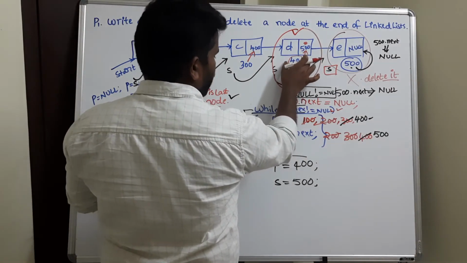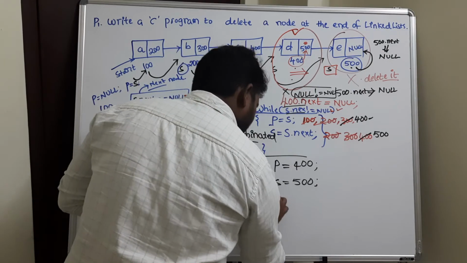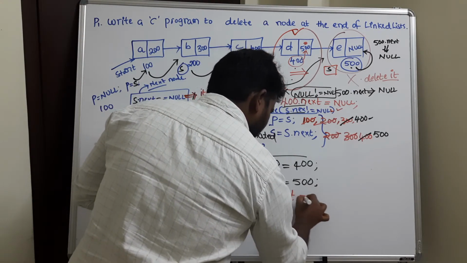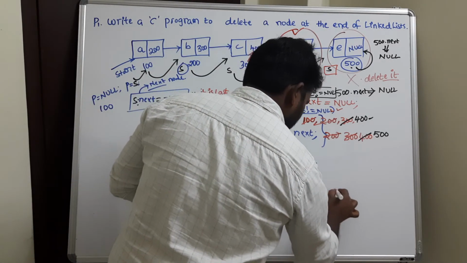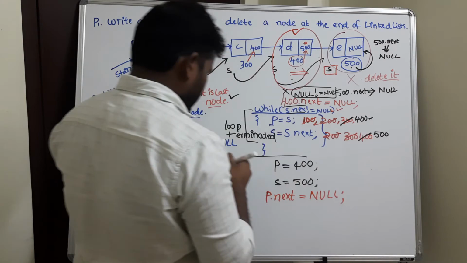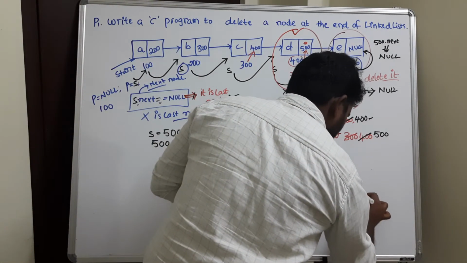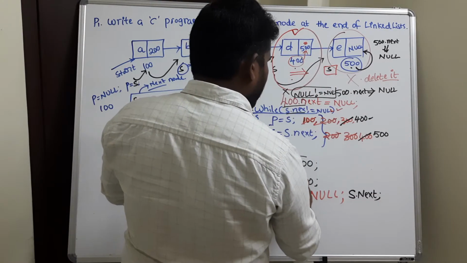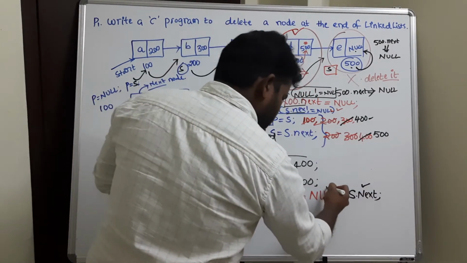This 400 dot next, that is p dot next, you need to make it null, right? Or otherwise you can use s dot next as well, because 500 next is null. You can use this one, or you can use null directly.